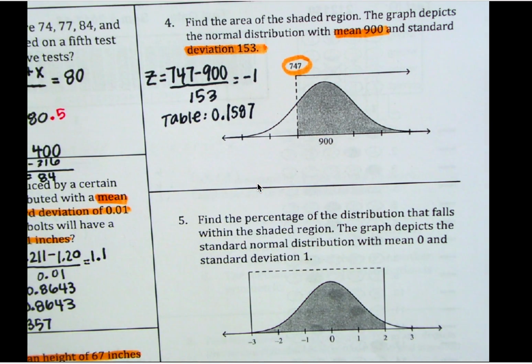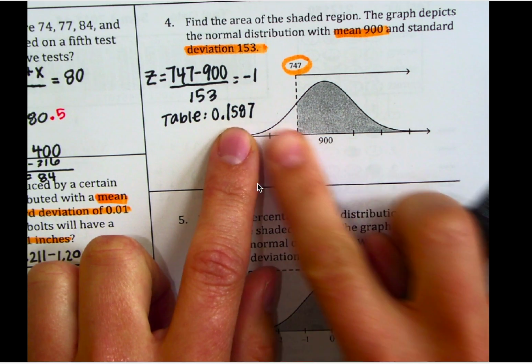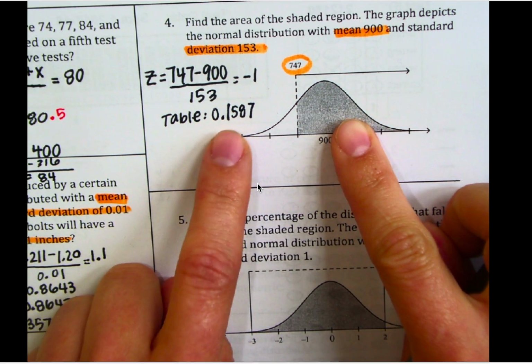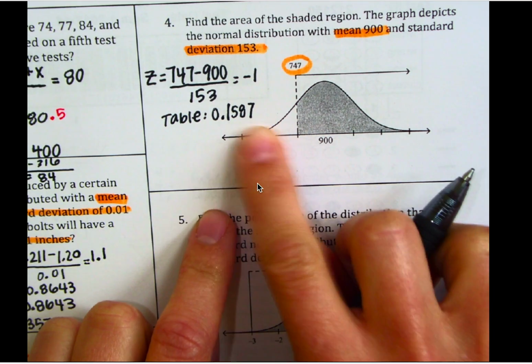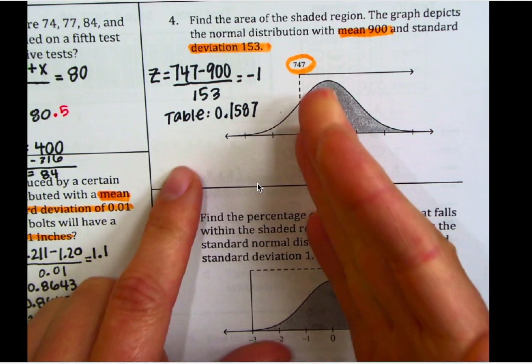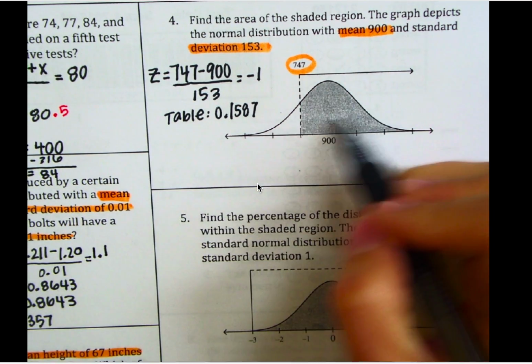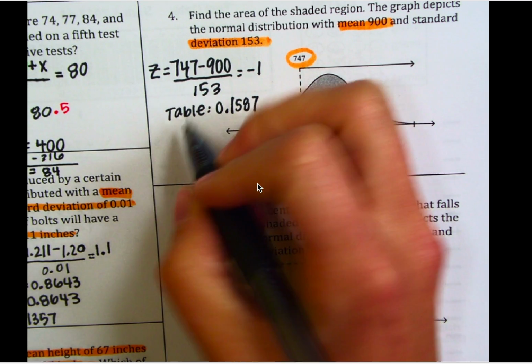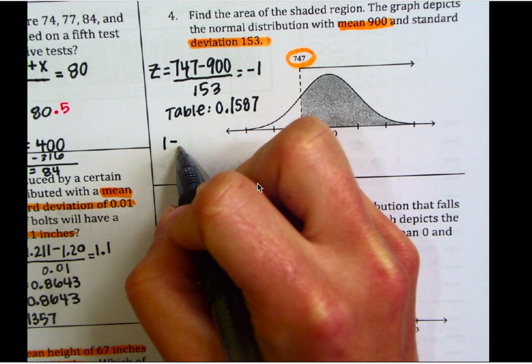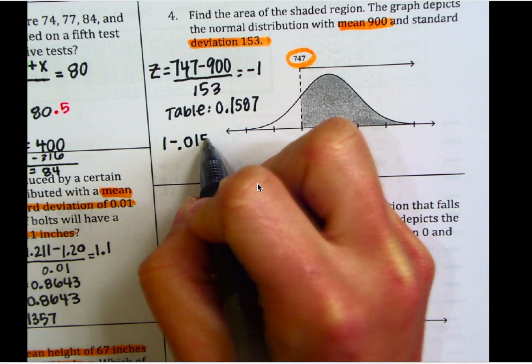Okay, so that is not going to be the area that's shaded. That's telling us the area to the right, because the table values tell us the area to the right. So again, because this is greater than, we have to do the complement, which means we are going to subtract the table value from 1.